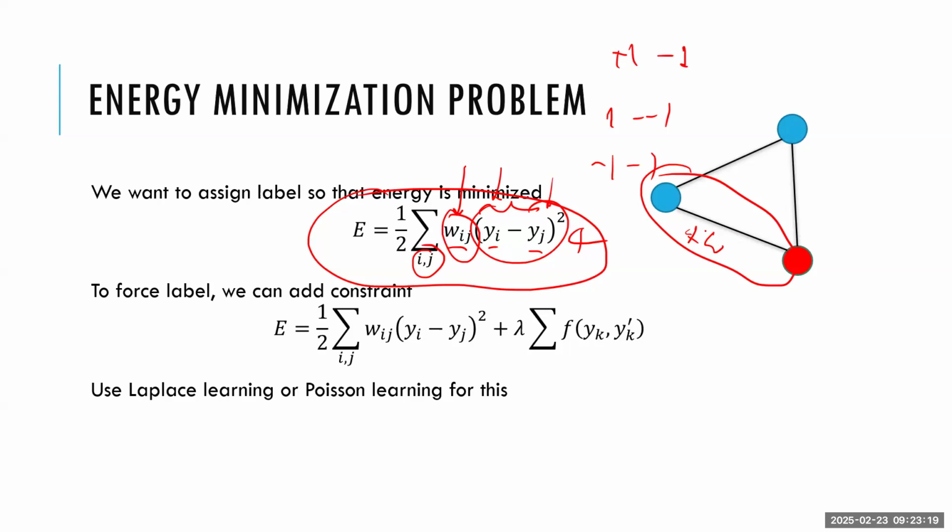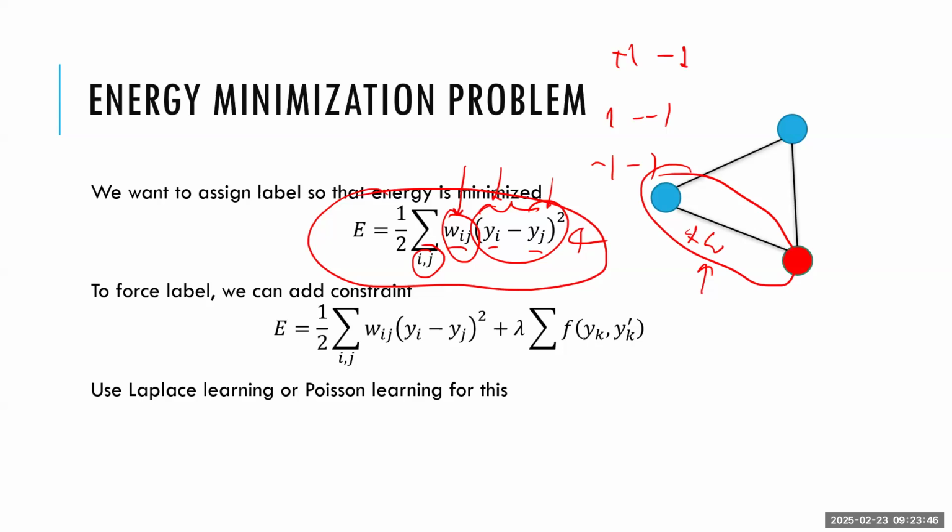So if the 2 points are similar, the weight should go up. It should be very high. So if it's high, you want to assign yi and yj to be the same label, so that the term for this pair becomes 0, so you don't have to pay the weight.